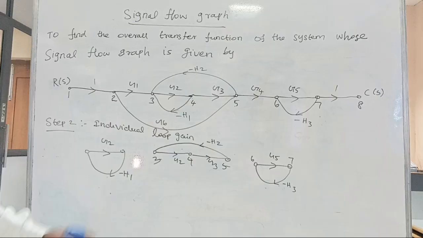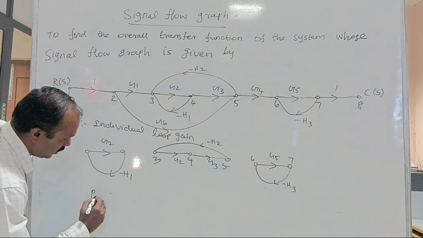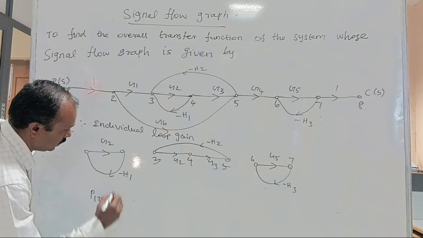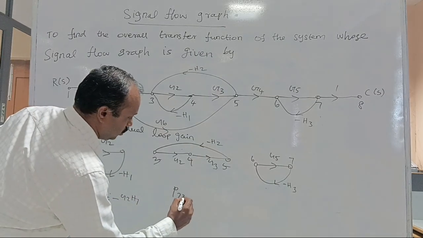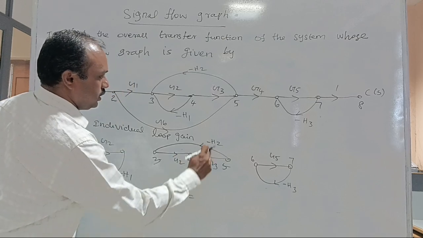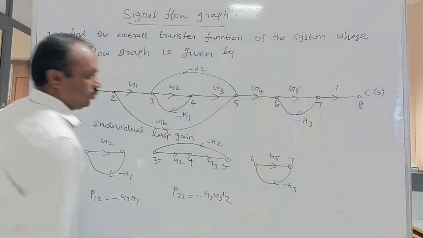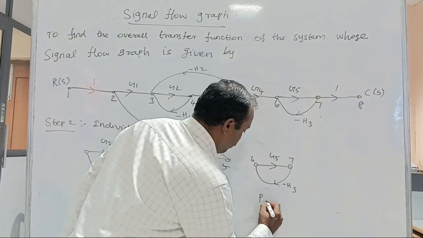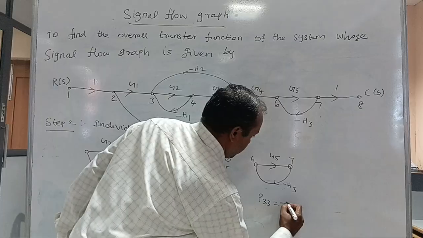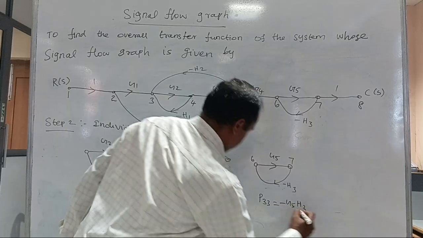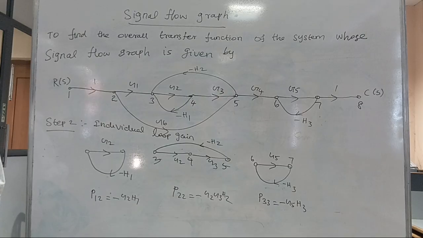The individual loop gains are: P12 is minus G2 H1, P22 is minus G2 G3 H2, and P33 is minus G5 H3. These are the individual loop gains.